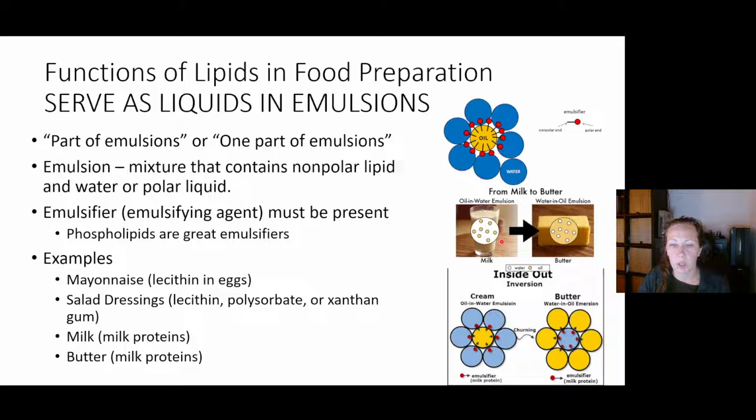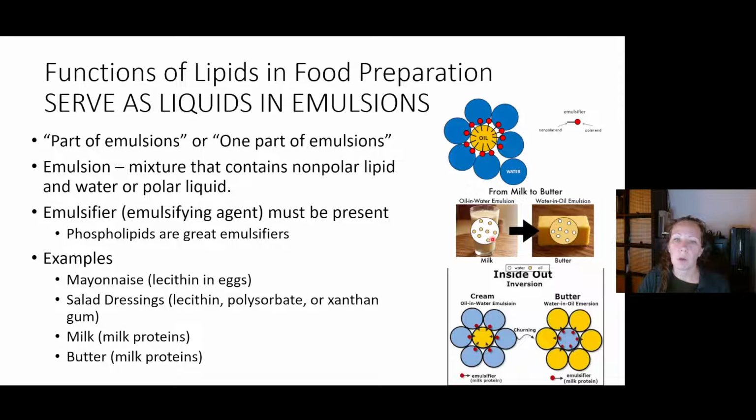Okay, so the main component is water, and then you have some oil, and it is dispersed in there. Now, raw milk, or non-homogenized milk, right? That cream does float to the top, right? And so that isn't really an emulsion until it has been homogenized. So more what you find in the grocery store.